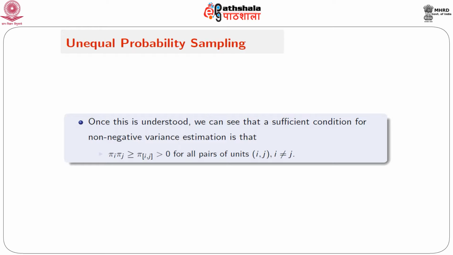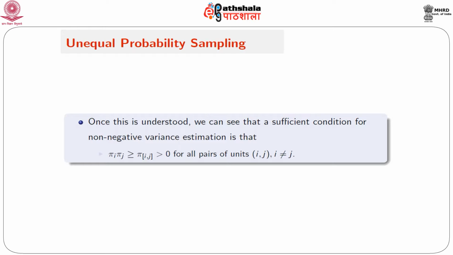So what is the lesson? If we are dealing with a fixed size sampling design, it is always advisable and recommended that you come up with a sampling design that will be thoroughly arbitrary, but for the fact that all pi ij's are strictly positive, and moreover pi i pi j is greater than or equal to pi ij for all pairs i and j.